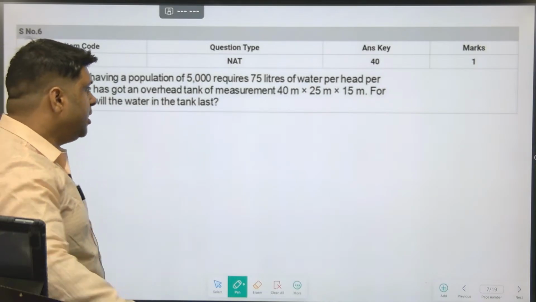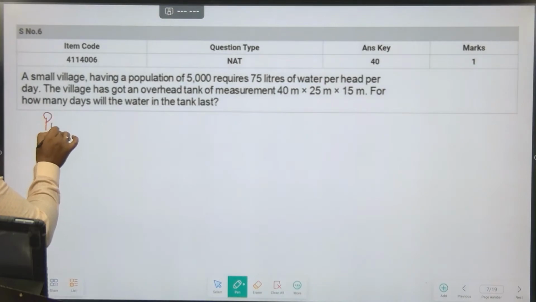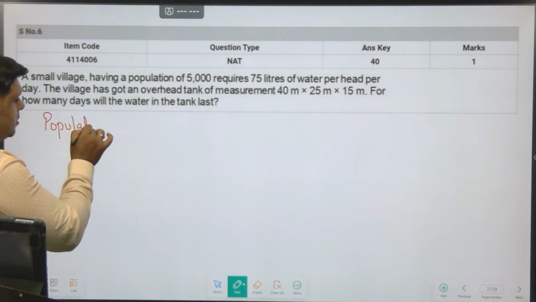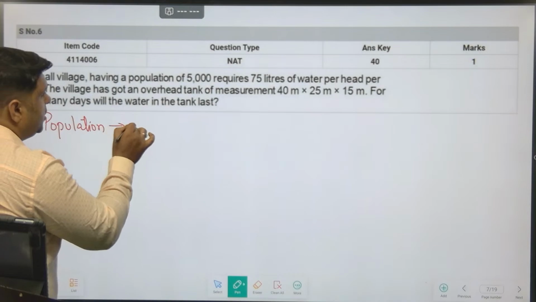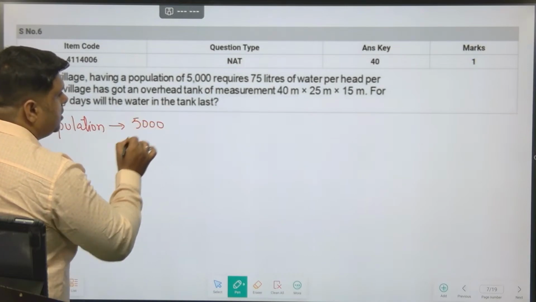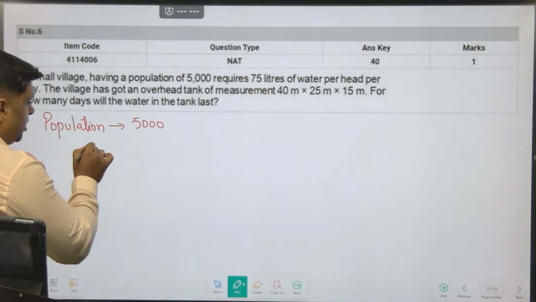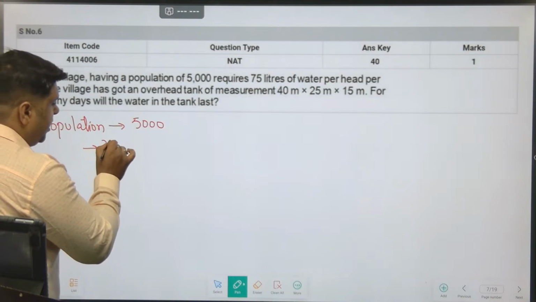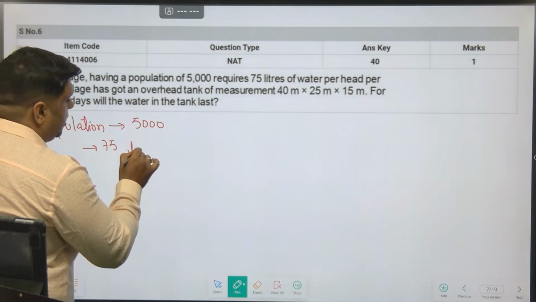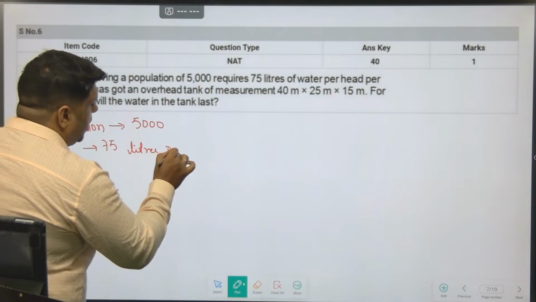So here population is 5,000, but each person is consuming 75 liters per day.